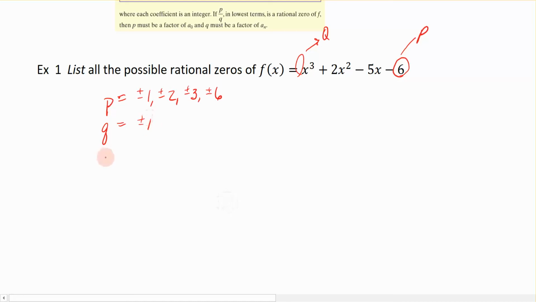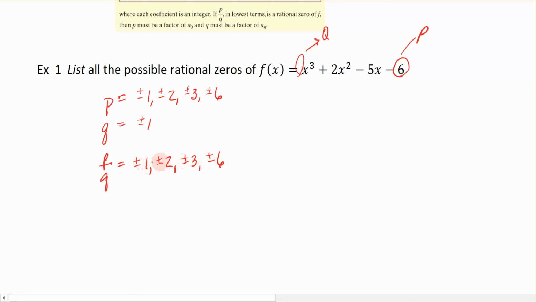And now we're going to write the ratio, p over q. So I take all of my p terms and write them over all of my q terms. Well, that's all of these terms written over the number 1, which is simply just all of those p terms. So plus or minus 1, 2, 3, and 6.